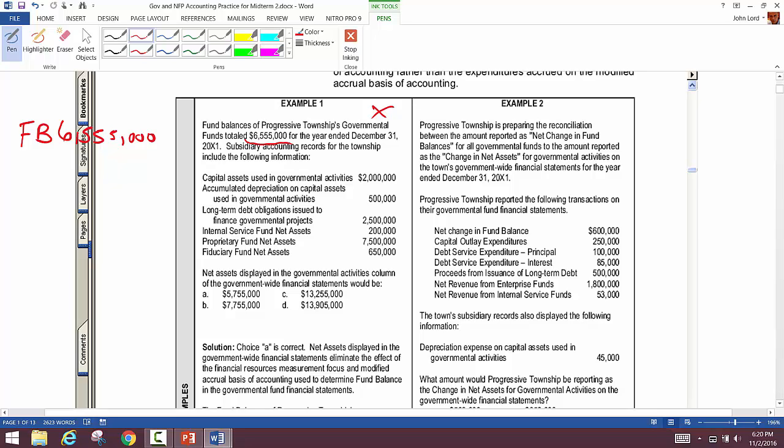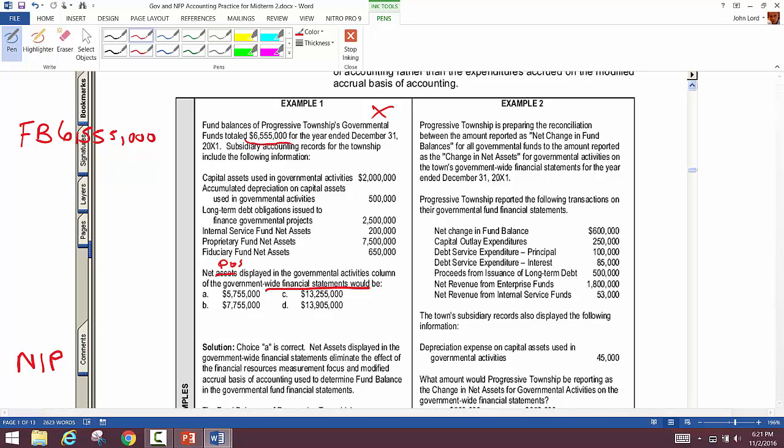And you look at this problem, and you come down here and you notice that they're going to ask me the net position, guys. Sorry, this is an old question. Net position, they used to call it net assets, at the government-wide level. So they're asking me to reconcile to the net position. Aren't they asking me for the reconciliation here? Isn't that what we do?